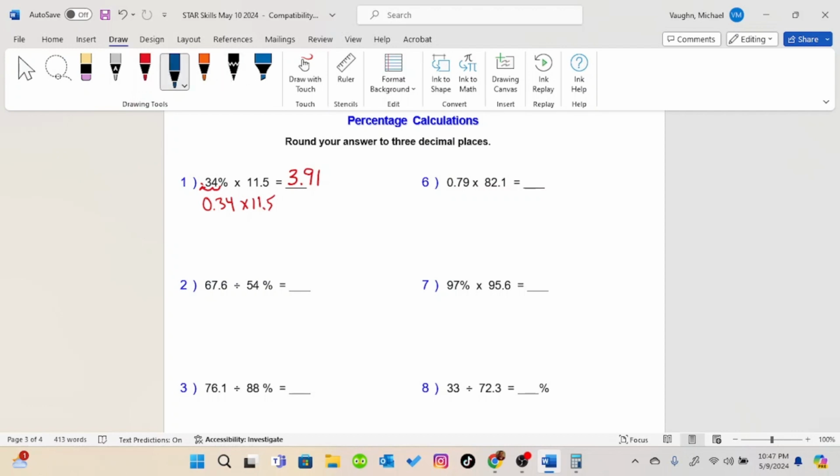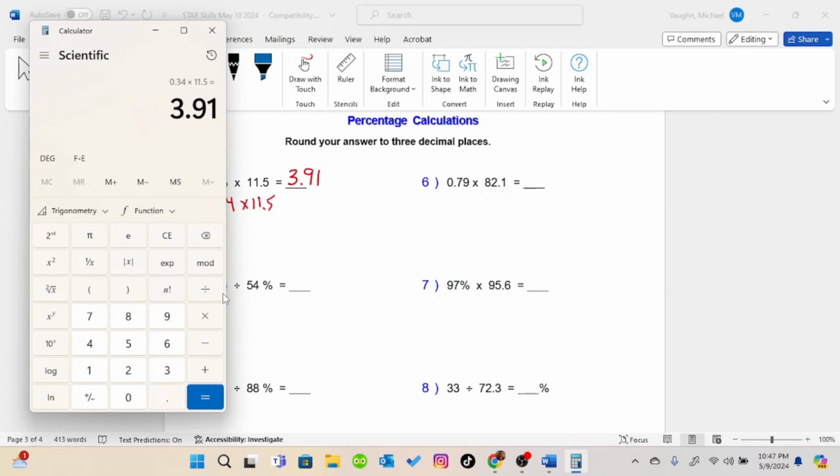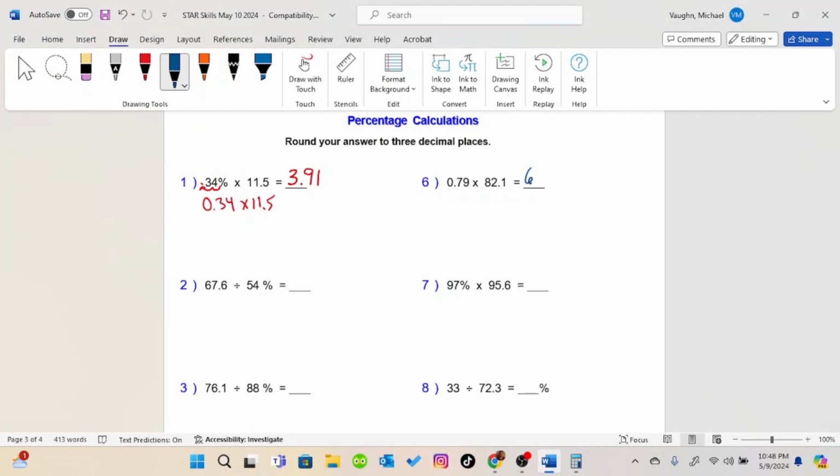Number 6, 0.79 times 82.1. That can go right into a calculator. And our answer is 64.859. Number 2, 67.6 divided by 54%.